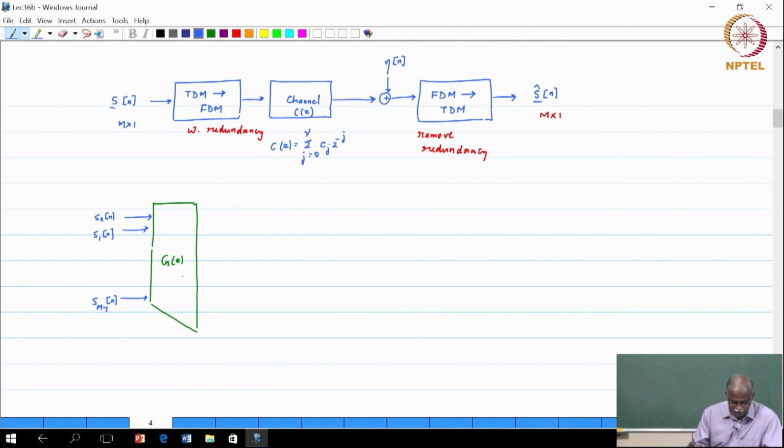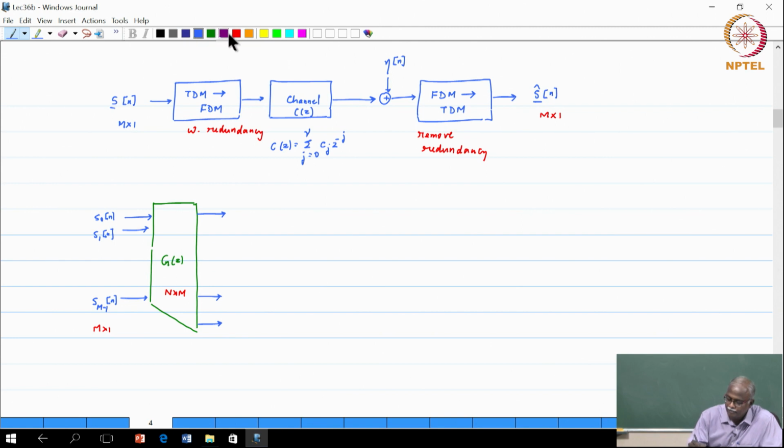So, this would be M cross 1. G itself is an N cross M matrix, M inputs, N outputs. This is where the redundancy has come in, but we have not explicitly indicated where, so we will just show that there are additional branches present.